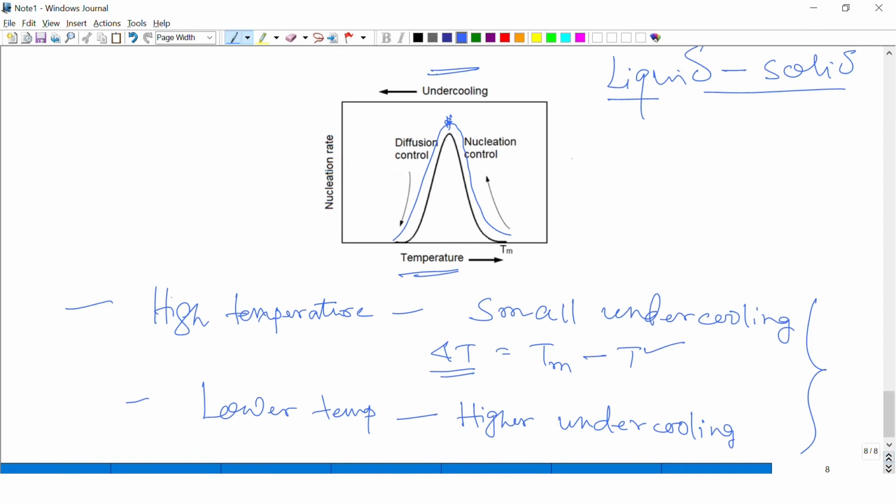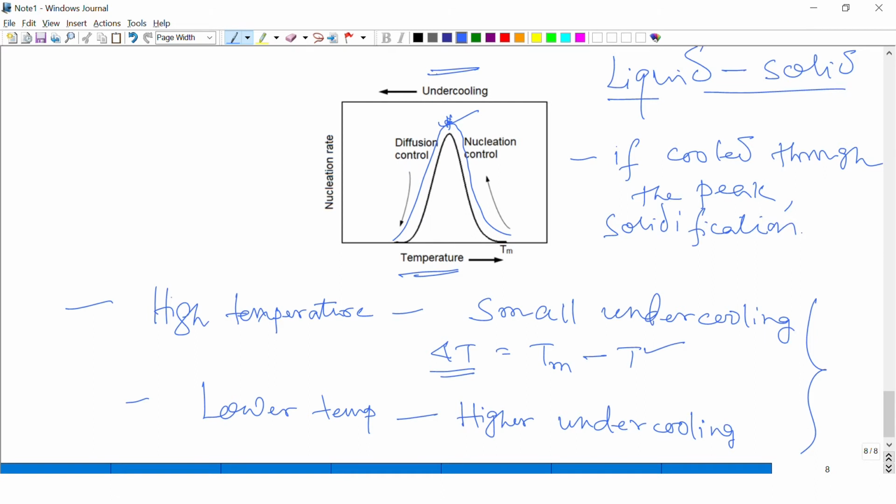So, as I said before, if cooled through this peak, the solidification of crystals is limited, okay, or it can be avoided, and the liquid is going to transform into a glass or an amorphous structure.